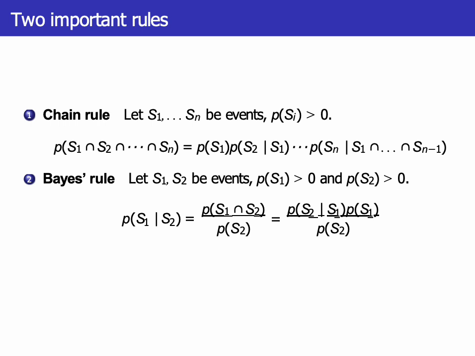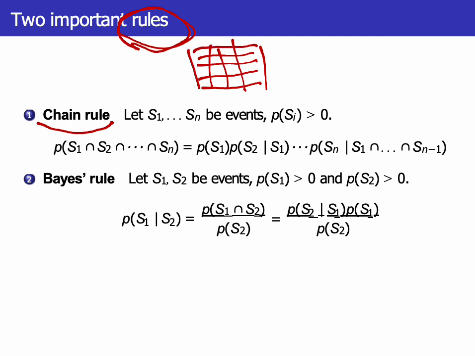So we need to think about important rules. First of all, the chain rule is very important. You have black and white images with states S1, S2, and so on.